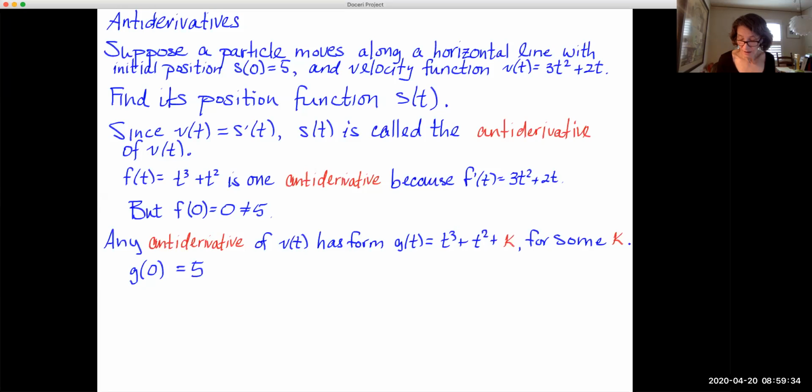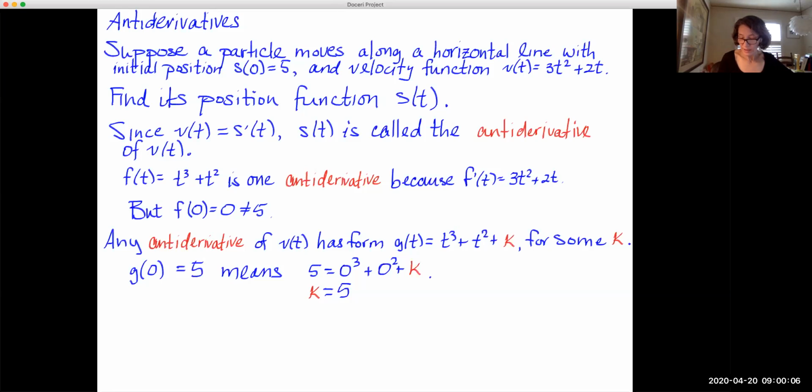So if we need g of 0 to be 5, that means that 5 would be 0 to the third plus 0 squared plus that constant k. But that just means that k has to be 5. So we started with some function g of t.